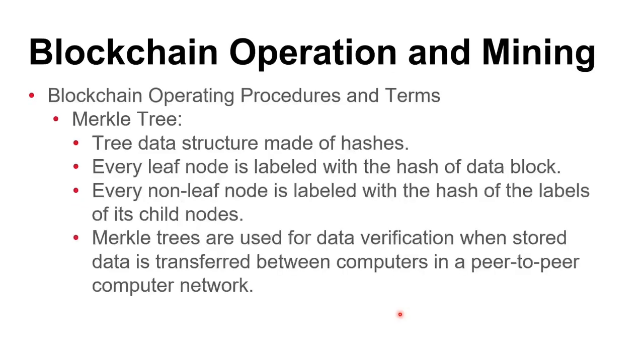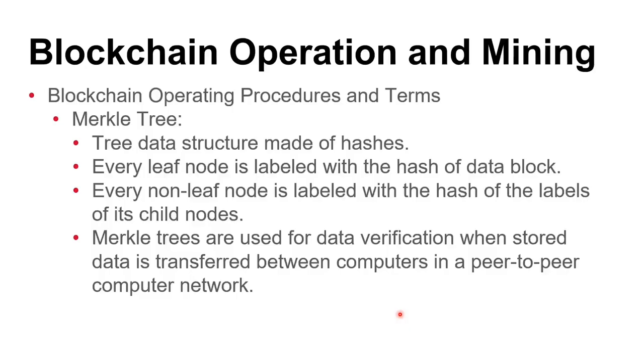The Merkle tree is discussed quite a bit in the white paper from Satoshi Nakamoto about the blockchain. A Merkle tree is essentially a tree structure of hashes. So it's hashes of hashes, essentially.